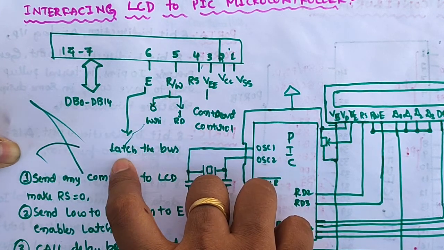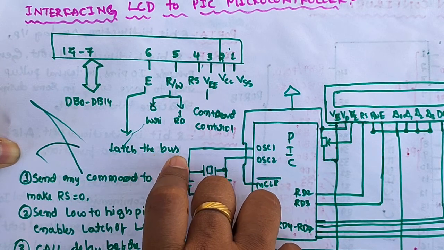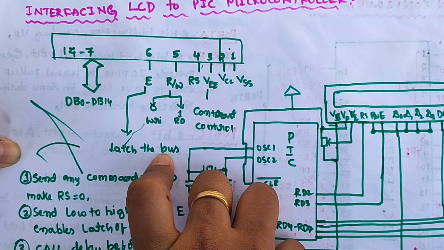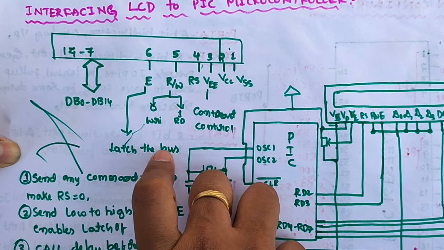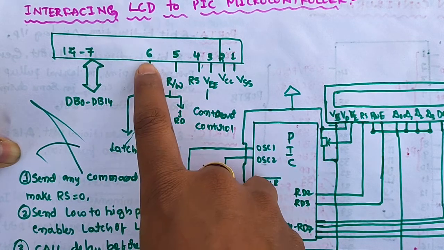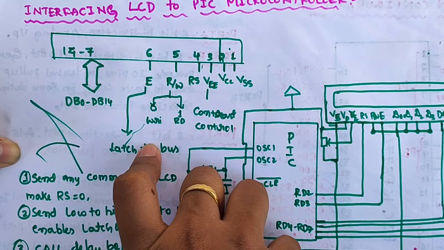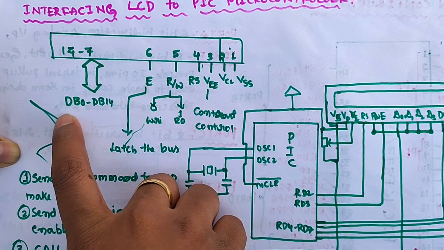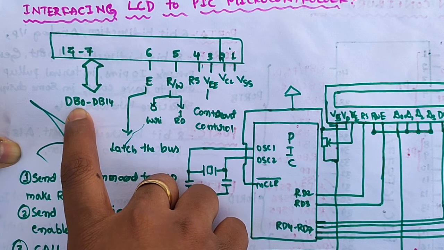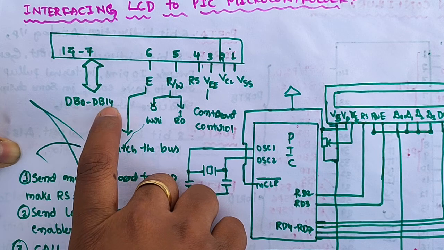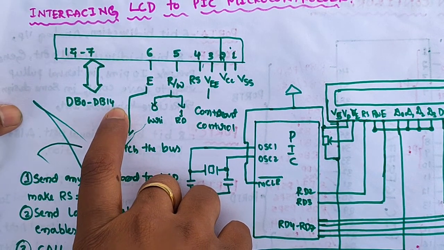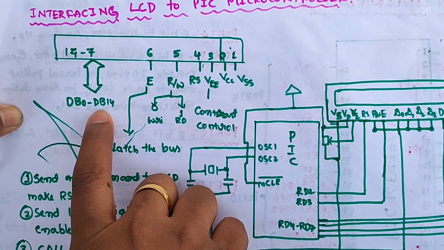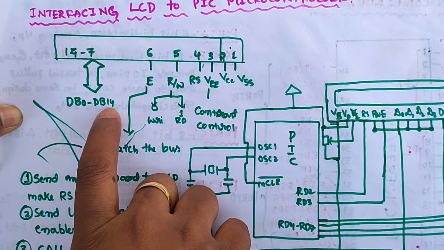Next, E is a latch pin which enables the buses, that means it enables the data lines of any external device, such as a PIC microcontroller, to display the data inside the LCD. Therefore this is the enable control. The data is transferred through 8 different lines, DB0 to DB7.